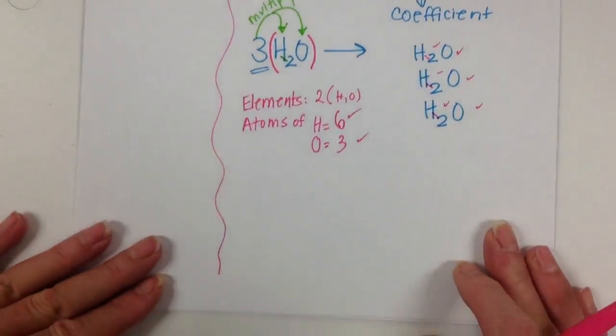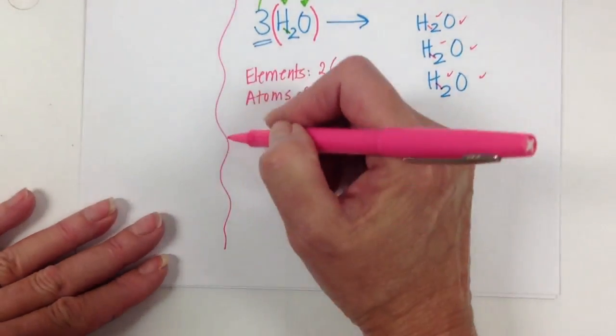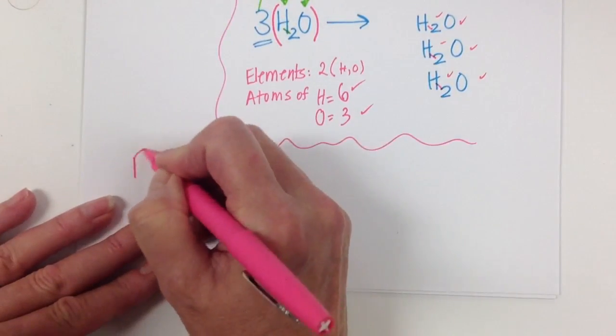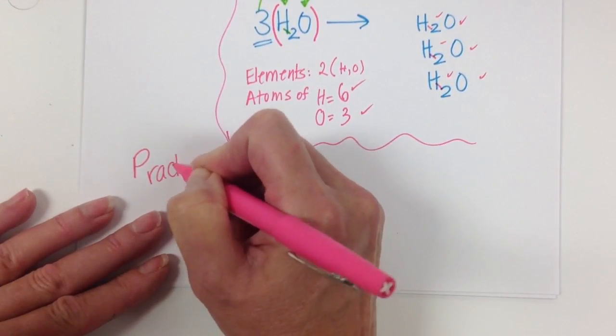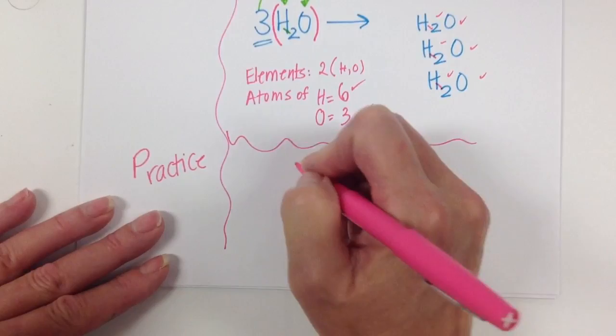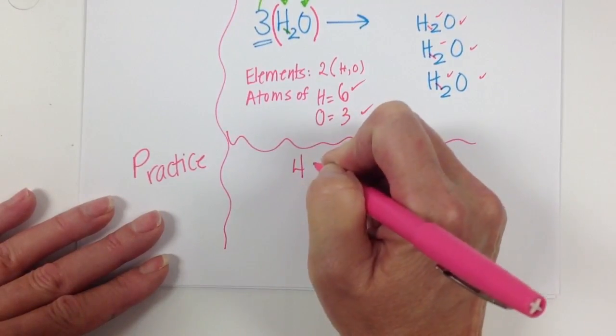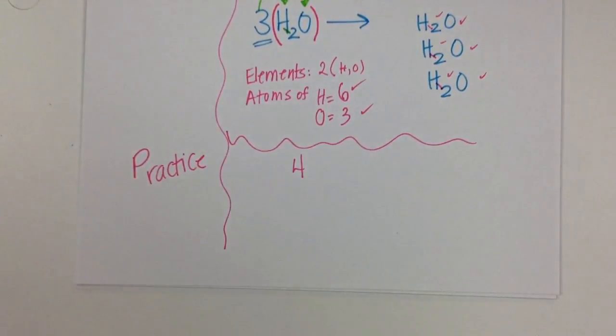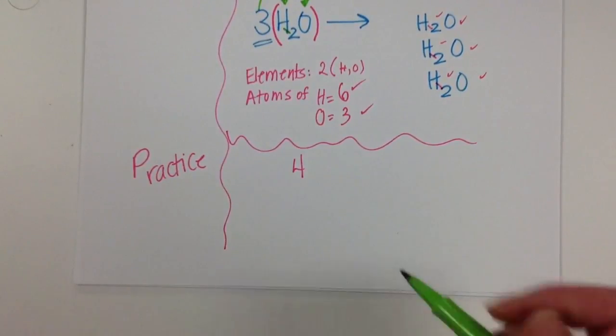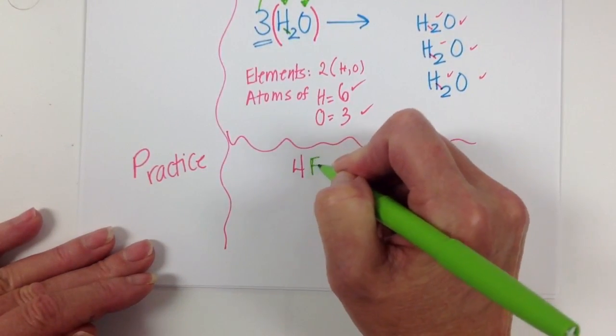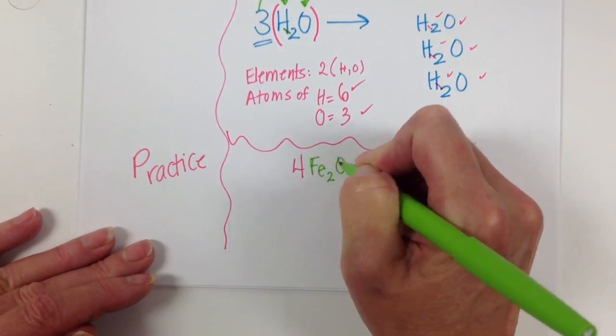Let's say, this is practice now, you have 4 molecules of iron oxide, or rust, Fe2O3.